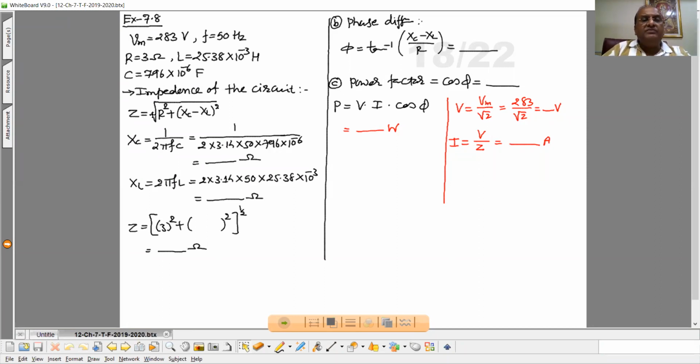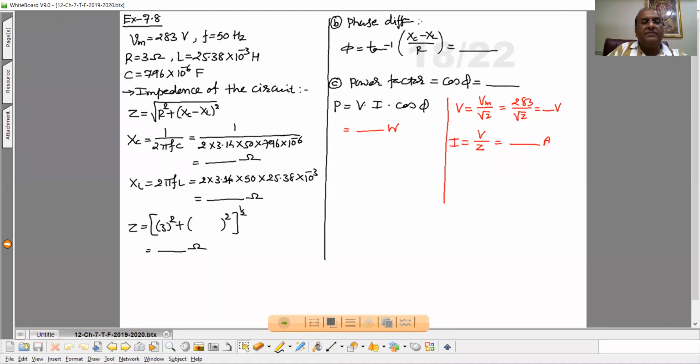Now impedance of the circuit, so that is Z equal to under root R square plus XC minus XL whole square. So first of all we have to calculate XC and XL. So XC that is 1 upon 2 pi FC. Substitute all the values, 2 pi 3.14 F50 C 796 into 10 raised to minus 6, you will get XC. Then XL 2 pi FL.